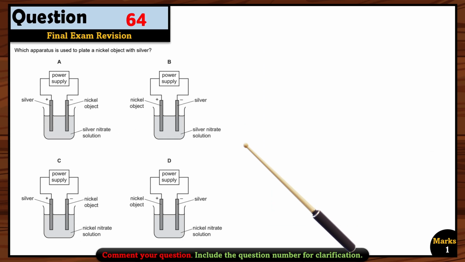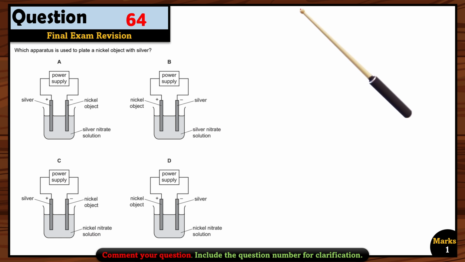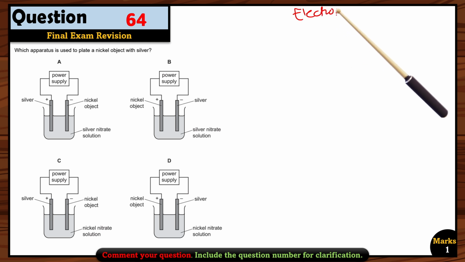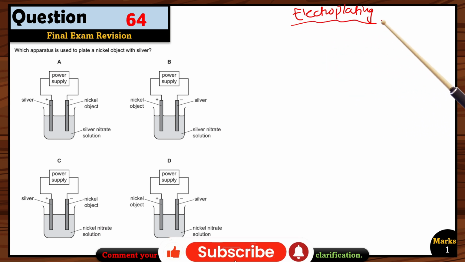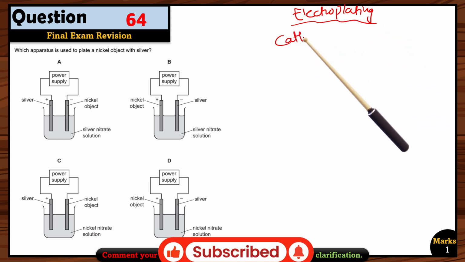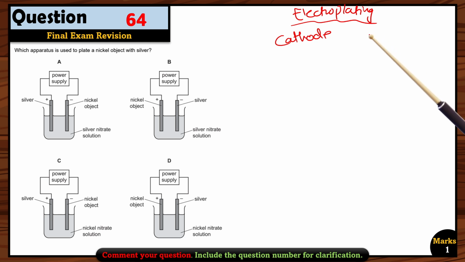Question 64. Which apparatus is used now? This is all about electroplating. So before I do this question, I will tell you a quick introduction about electroplating. Electroplating is actually the coating of another metal on any object, right? So whenever you want to do electroplating, it's the same process like electrolysis.